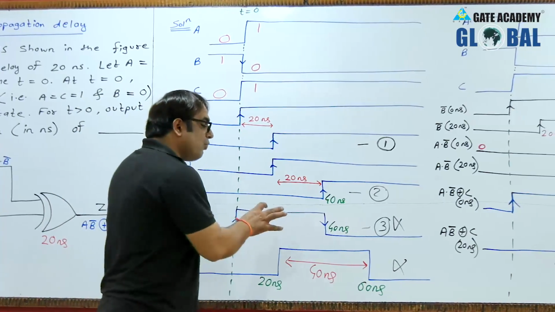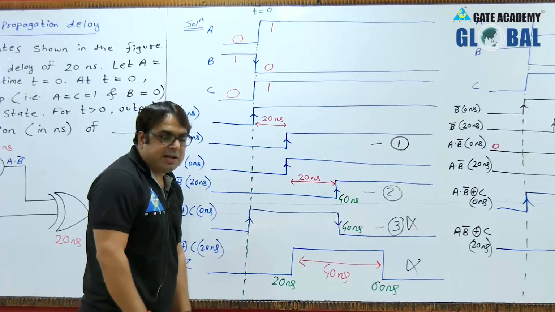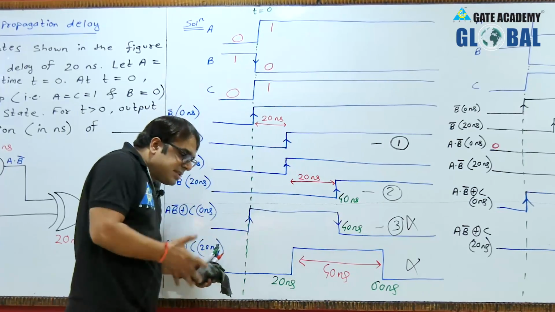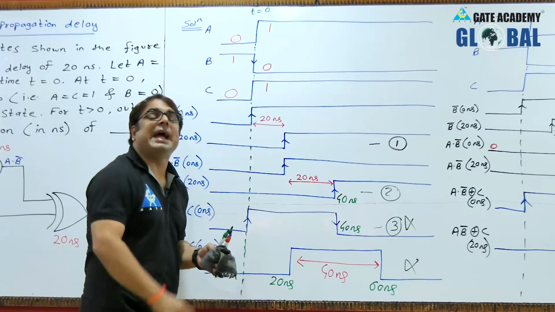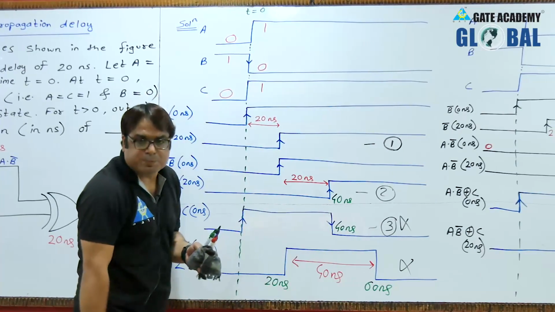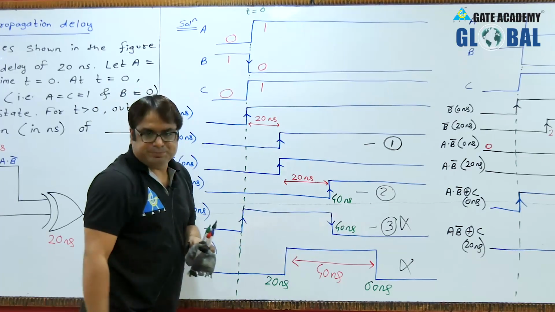See, what I told you about the propagation delay, that whatever changes you are making in the input will definitely have an impact and it will make a change in the output, but it will take some amount of time.